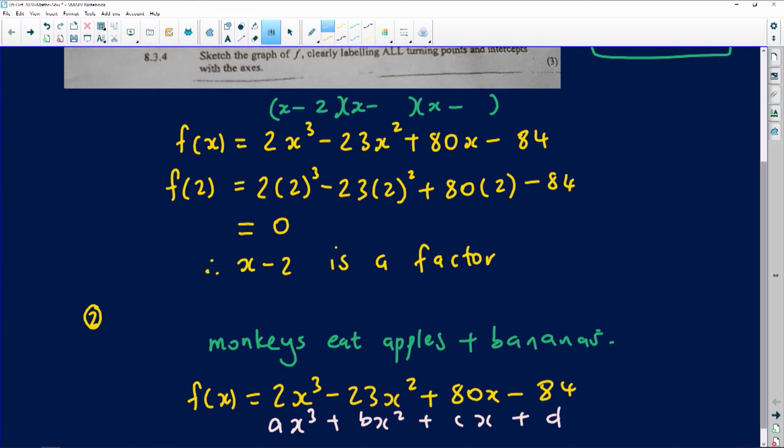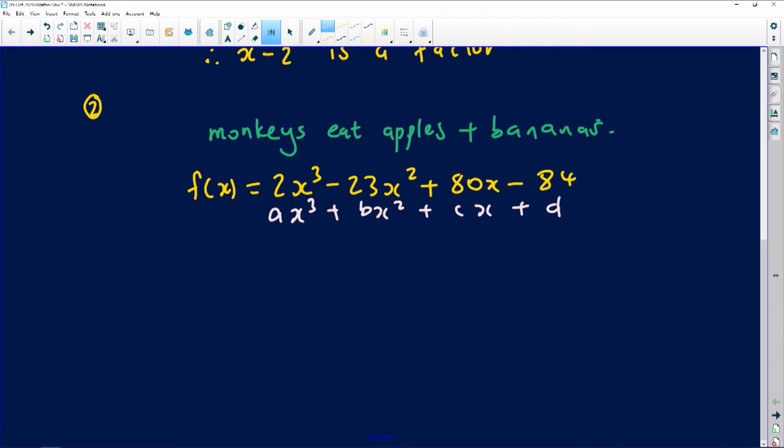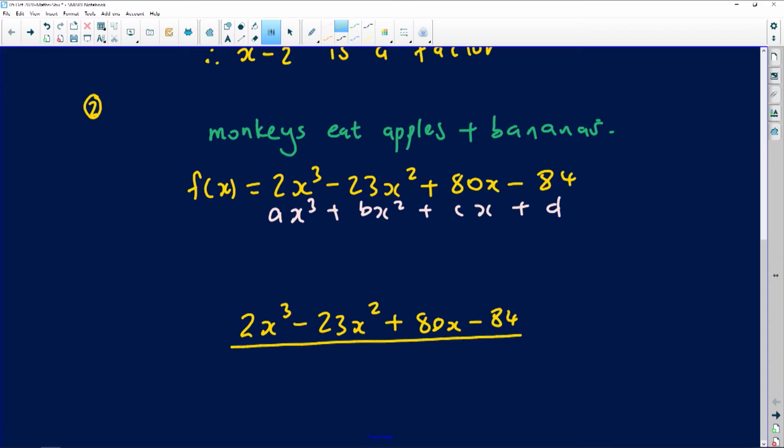That's basically the form of this equation. In general format, we can put it in that form, all right? So now I'm going to divide it. I'm literally dividing my cubic. So let's take 2x cubed minus 23x squared plus 80x minus 84, and we literally divide it by x minus 2, the first factor that we found.